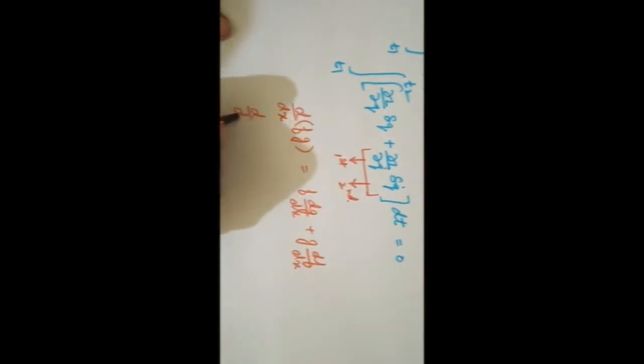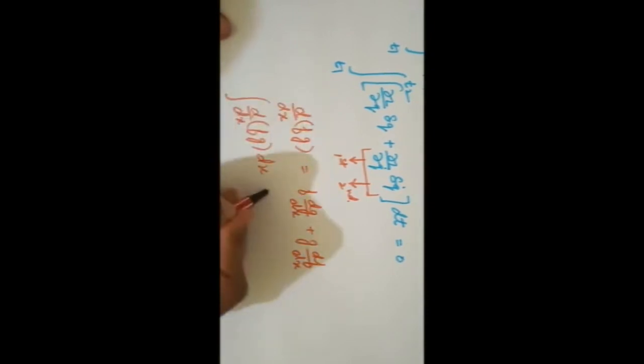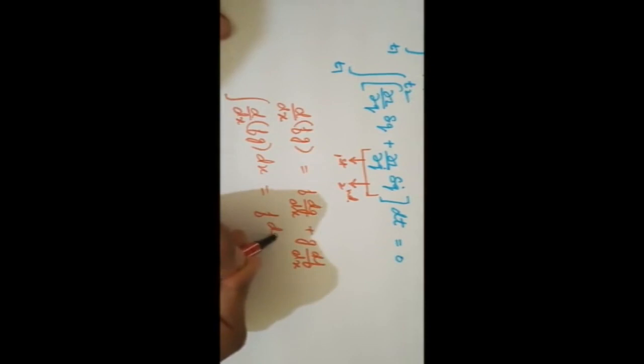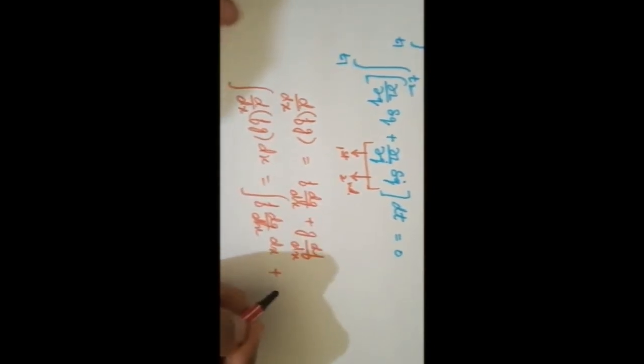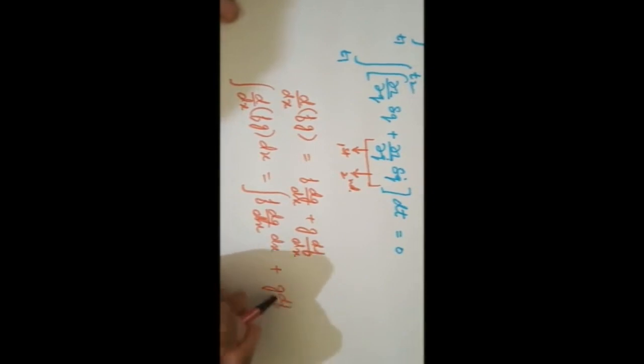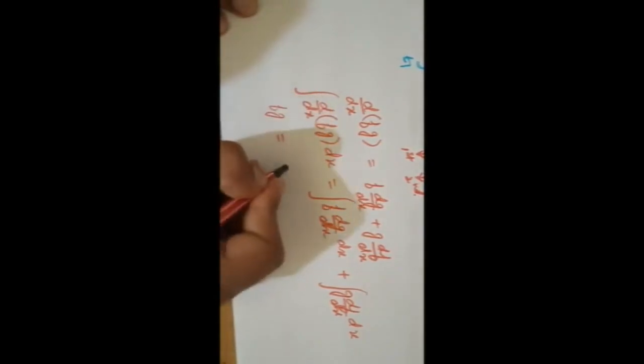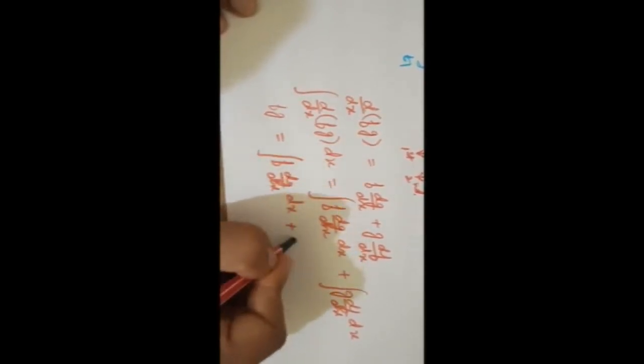The integral of d by dx of fg dx is equal to the integral of f dg by dx plus the integral of g df by dx.